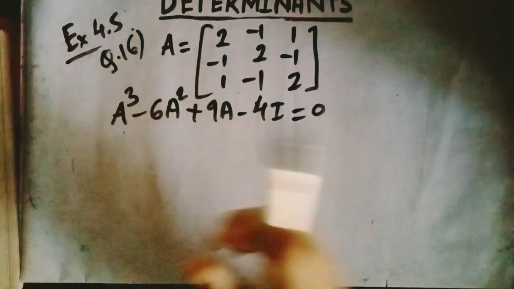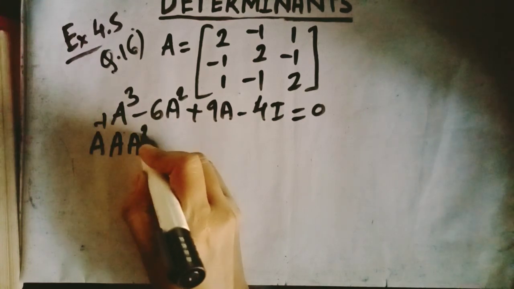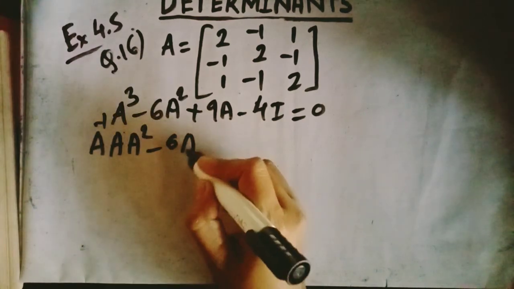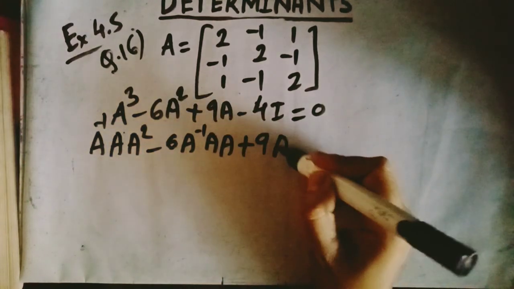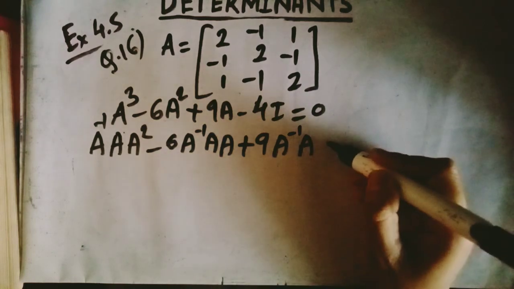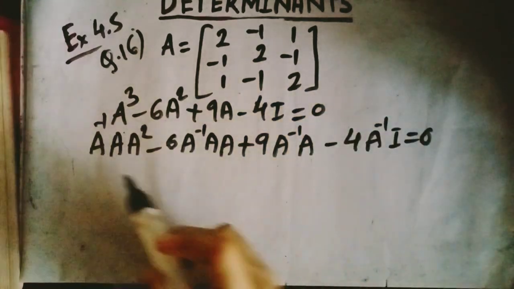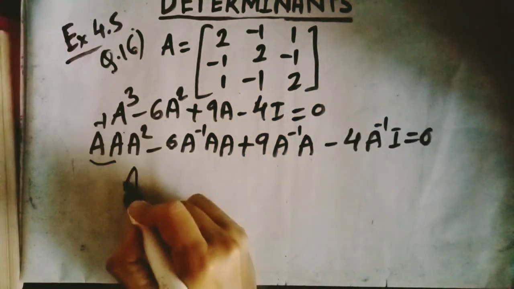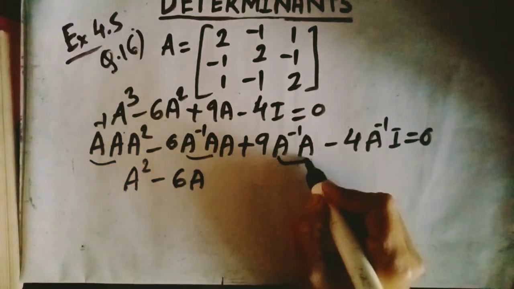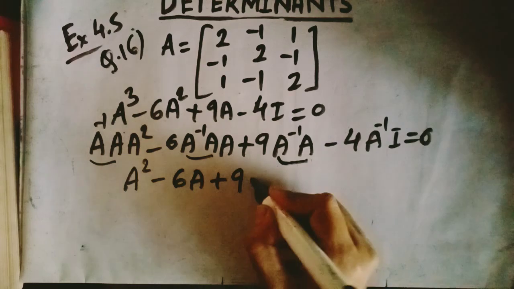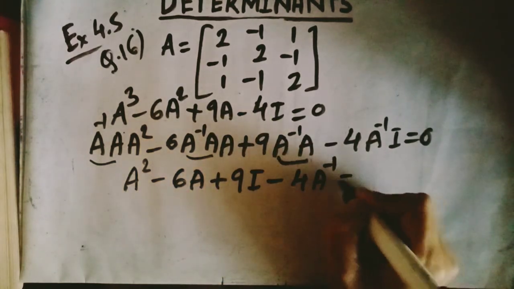Now to find A inverse, you have to multiply this whole thing by A inverse. So this will be A square minus 6 A inverse A into A plus 9 A inverse A minus 4 A inverse I equal to 0. A inverse A is I, so A square minus 6A plus 9I minus 4A inverse equal to 0.